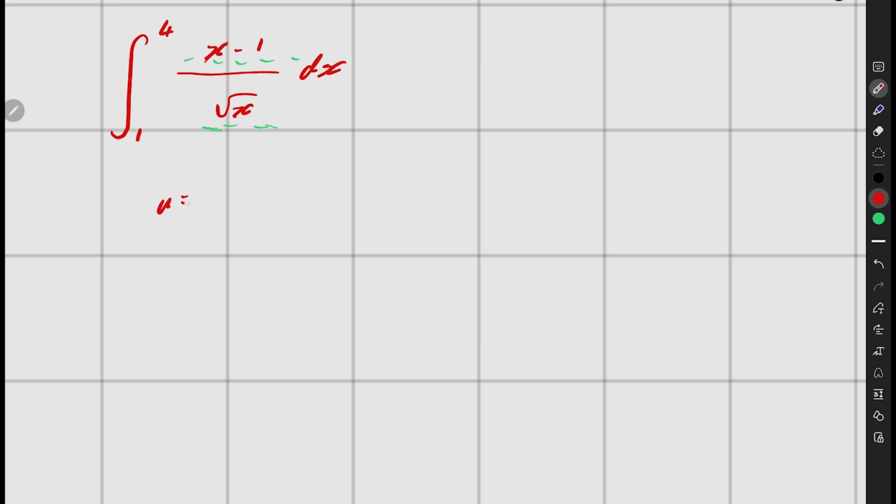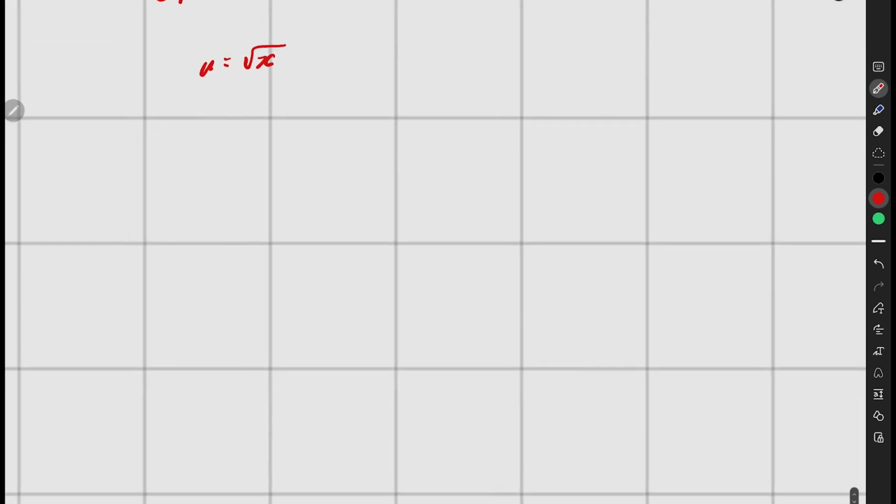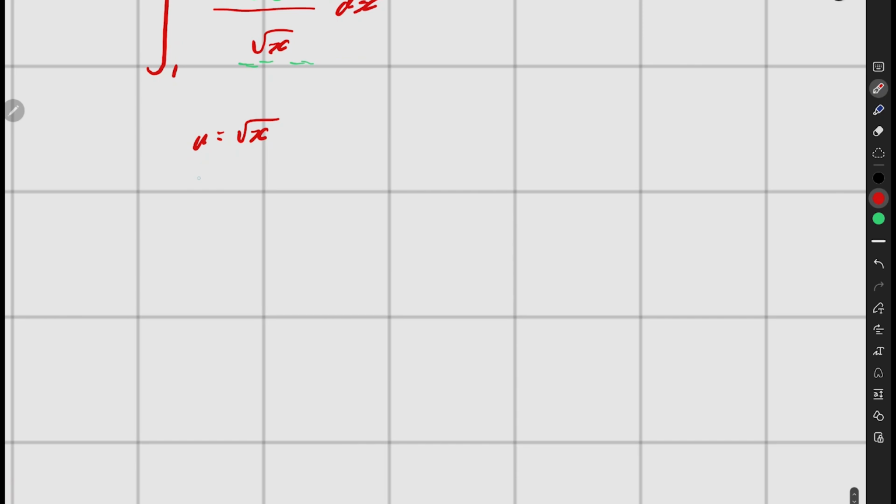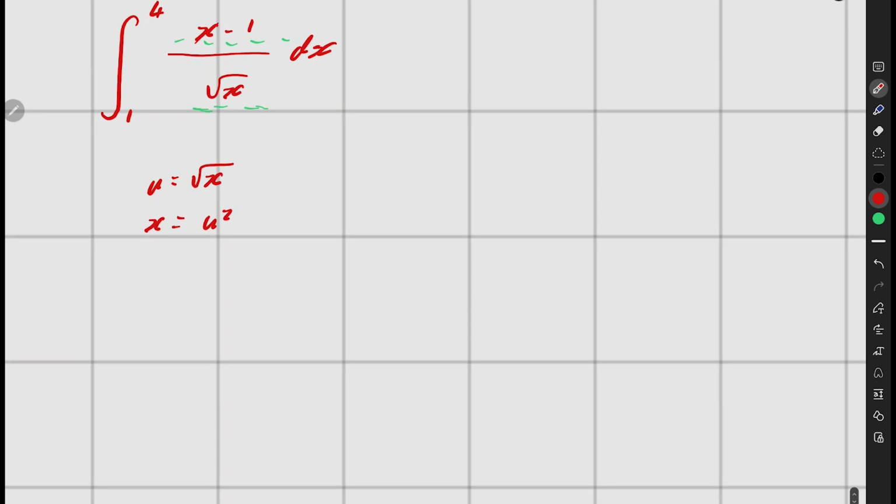So if we set u equal to the square root of x, and because we're not going to be able to cancel the x out, we can solve for x, which is going to be equal to u squared, because we're squaring both sides. If we know that, we can write the integral down again and substitute both these values in.